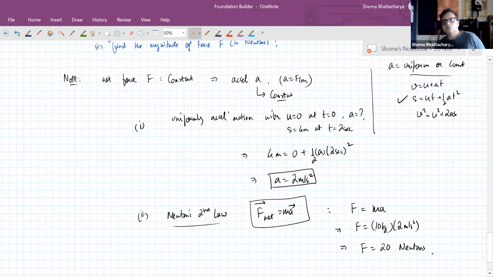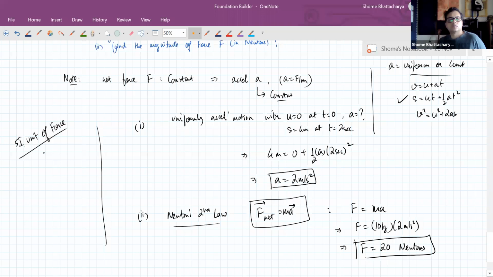Okay. Because you also know that the SI or standard international unit of force is Newton, or N, where 1 Newton equals 1 kilogram meter per second square.